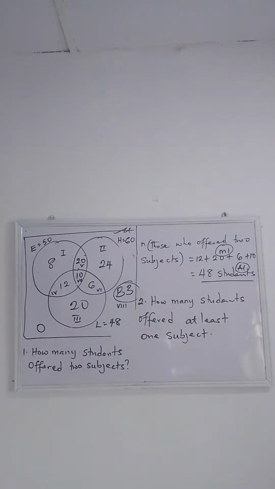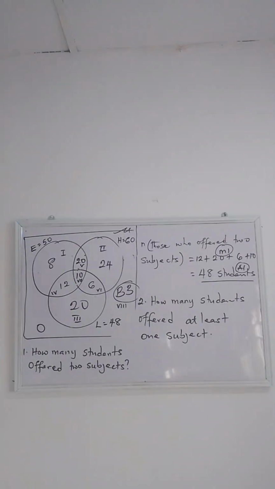Please, drop your answer. Let's see what you have. Okay, I have 100. Balogun Remilekun, 52 students.